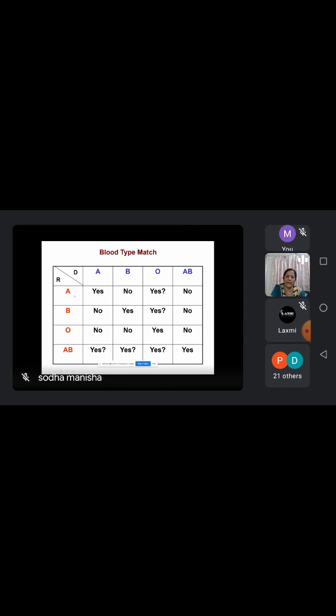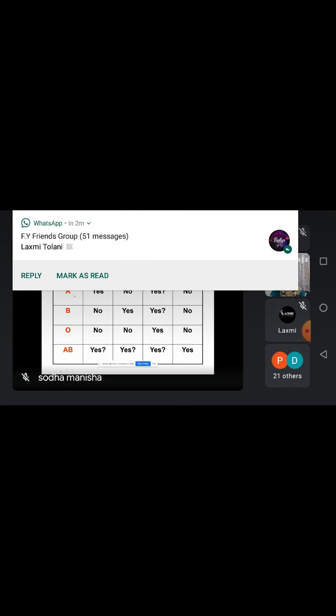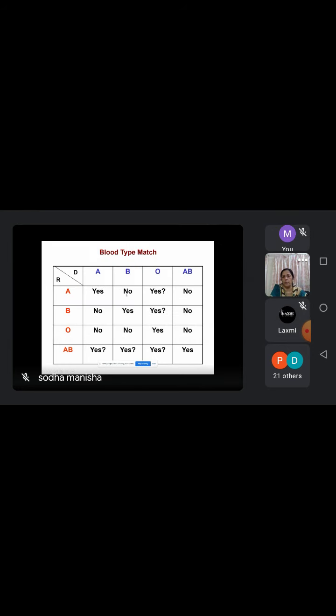A person with blood group A can donate blood to A. It cannot donate blood to B, but it can donate blood to AB.